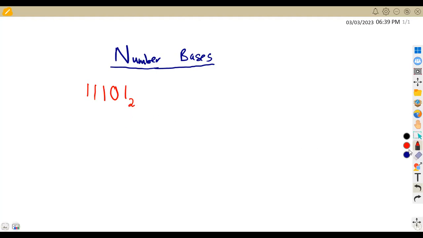So this is representing the base. That's our base there. Numbers can be written in different bases: 213 in base 5, 177 in base 9. So there are so many bases that we can actually use.